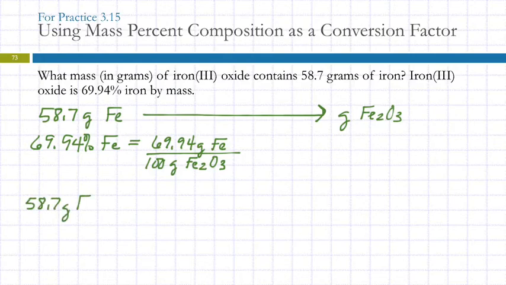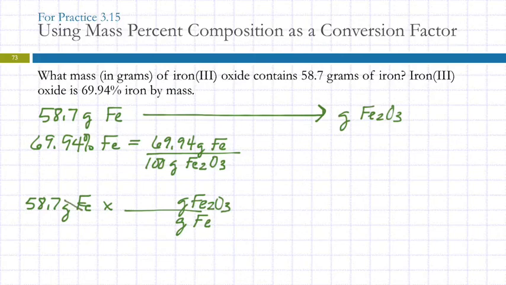58.7 grams of iron. I'm going to do the units first. Grams of Fe2O3 on top and grams of iron on the bottom. In this example, it is important to put the chemical formula there because this is grams of one thing and this is grams of something else. And so we need to specify grams of what?